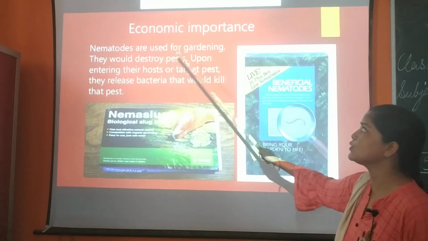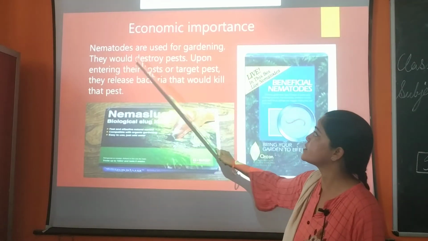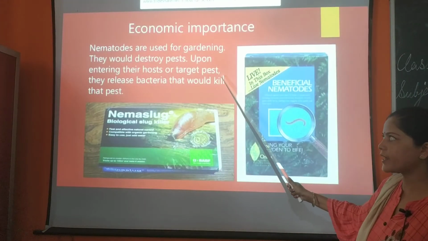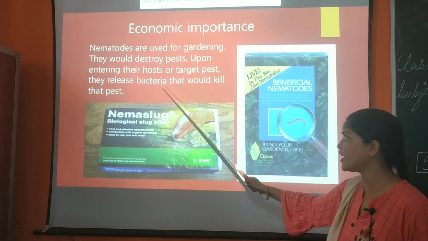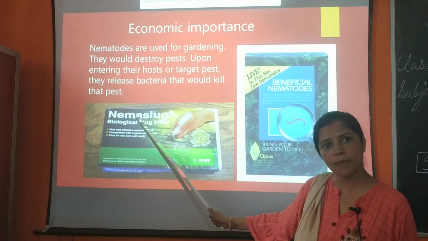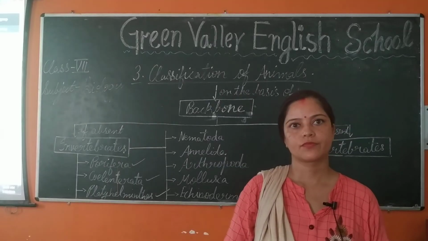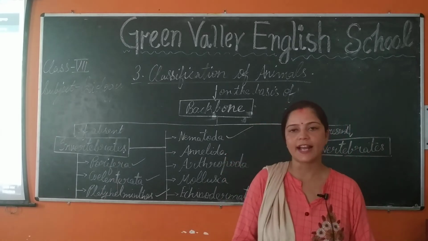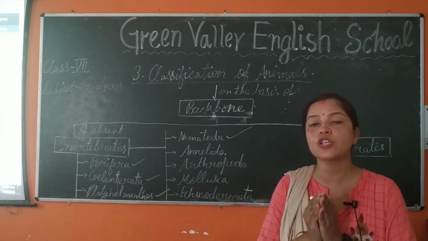Nematodes are also used for gardening. They destroy pests. Upon entering their host or target pest, they release bacteria that kill the pest. So, this was about Nematoda, and I hope that you have understood it.